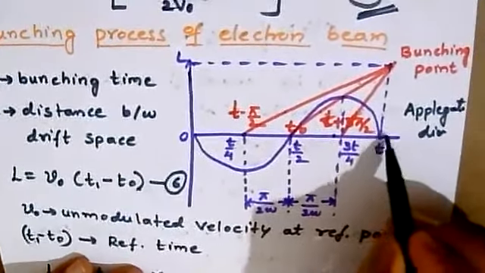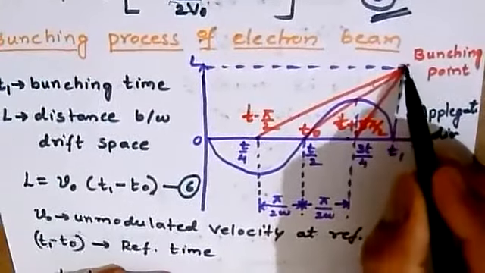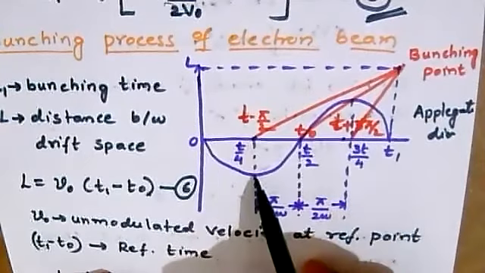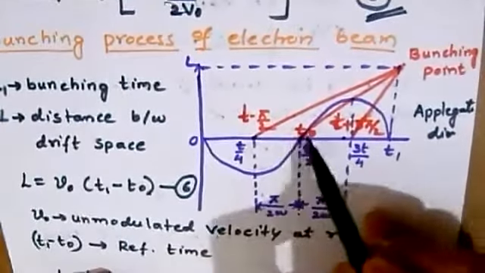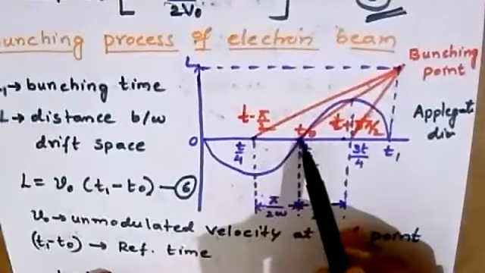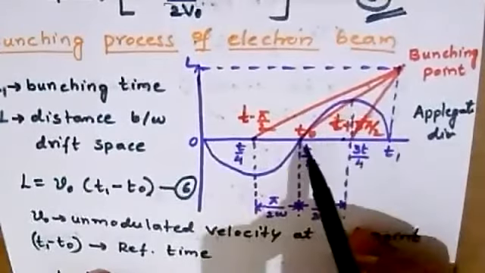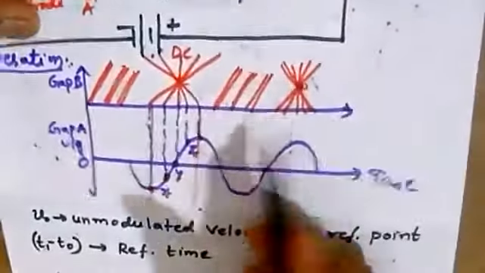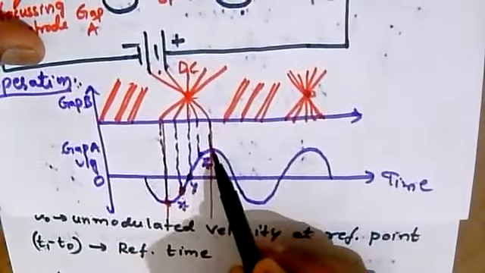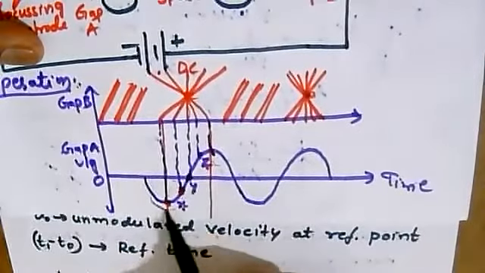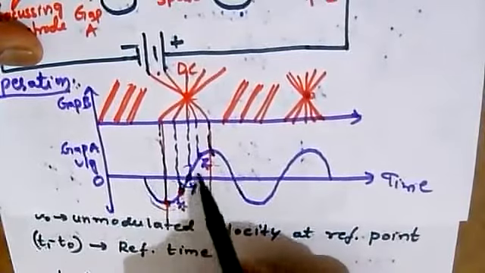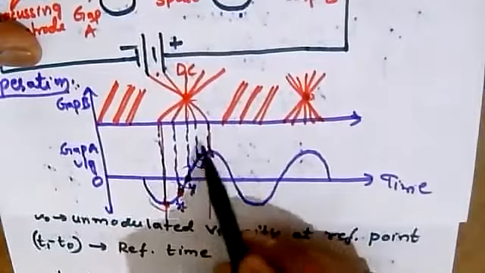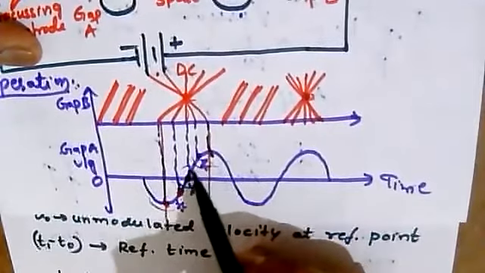At this particular instant, time t1 indicates that the bunching is taking place. Bunching is taking place by the electrons influenced by the negative RF field, electron X, electron Y, and electron Z, as I have told in the previous class. So I have told you that there are three different electrons, and you can see it is being influenced by X, Y, Z. The electron will be retarded here, it will have no effect of the RF field because of zero, and the electron will be accelerated when it is fed with a positive RF input.